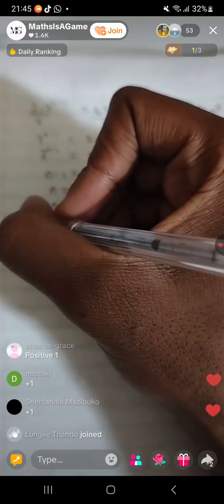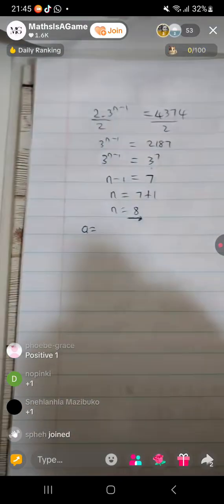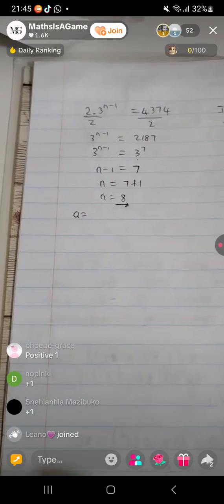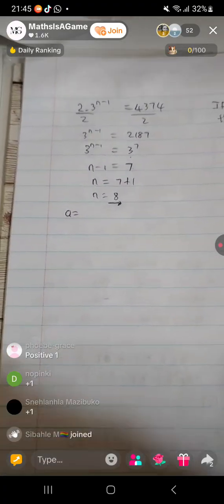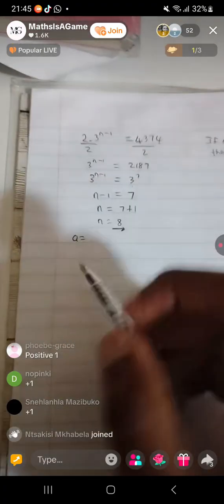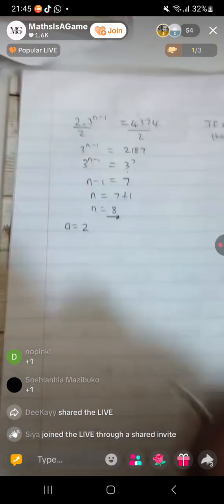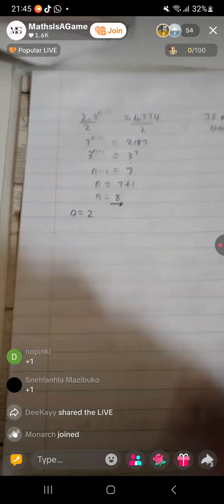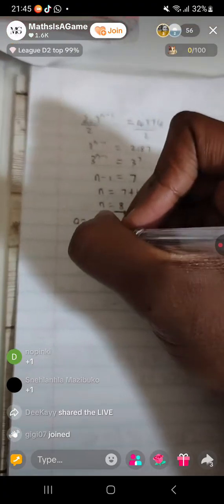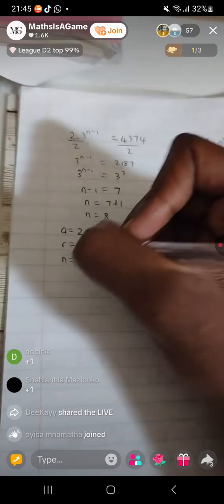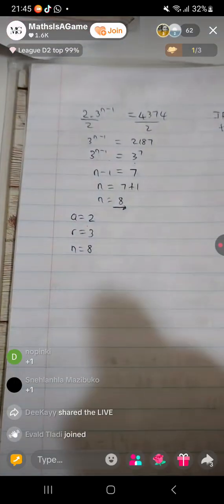Now, I think we can proceed and find the value of the sum of 8 terms. So let's recap again. Our a value was 2, right? Our r value is 3. Our n value is 8.